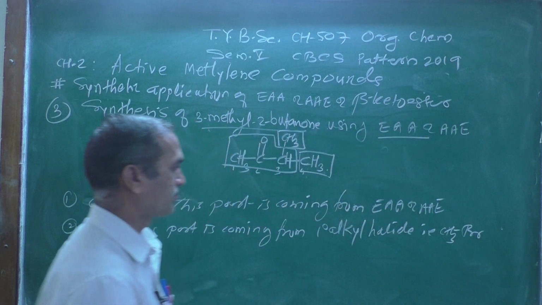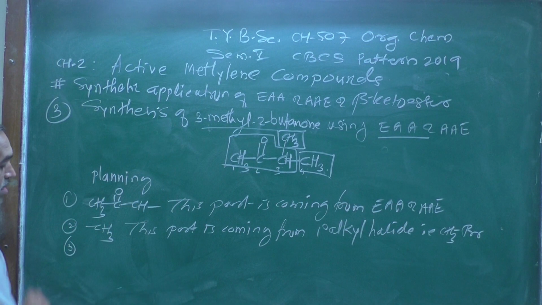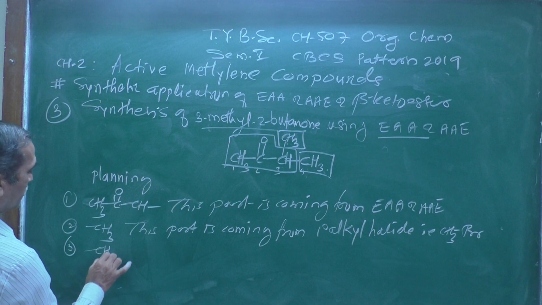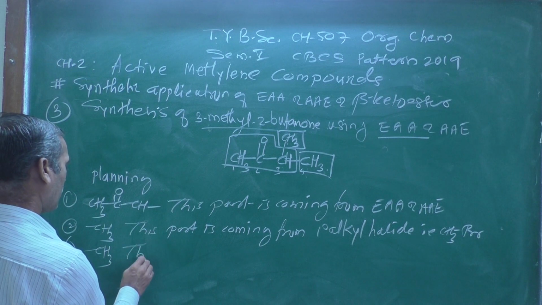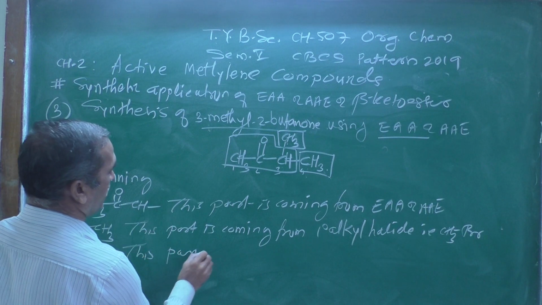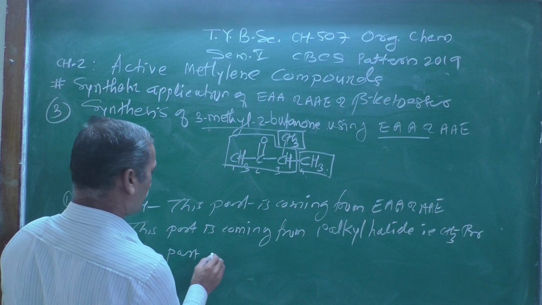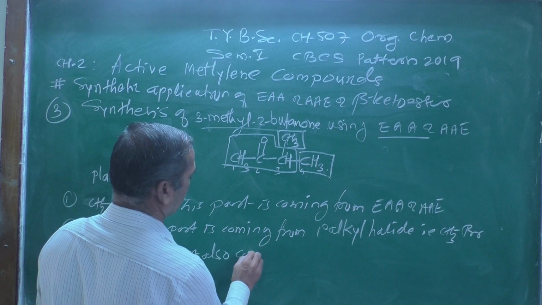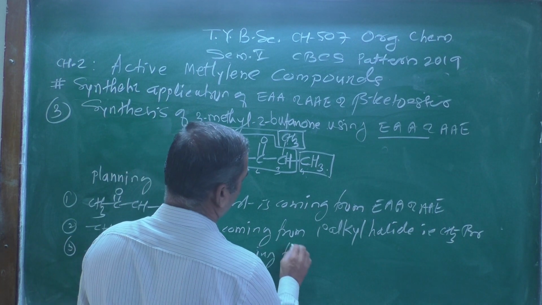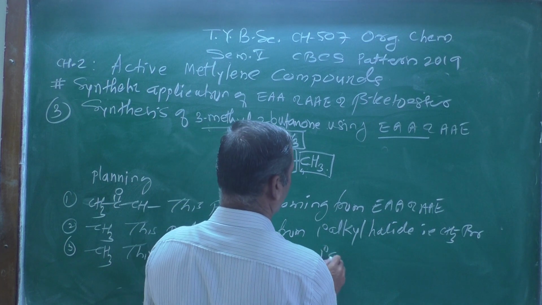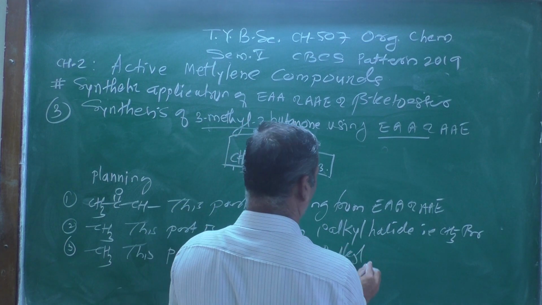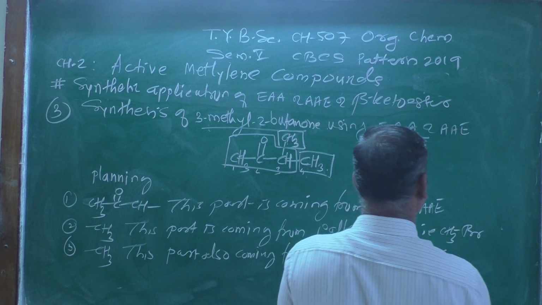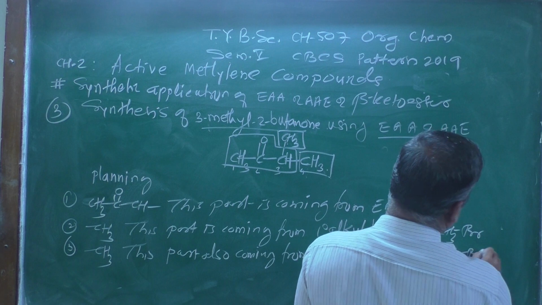And the third point, again look, this is the same identical group CH3, and this part also is coming from a primary alkyl halide, that is CH3 Br.